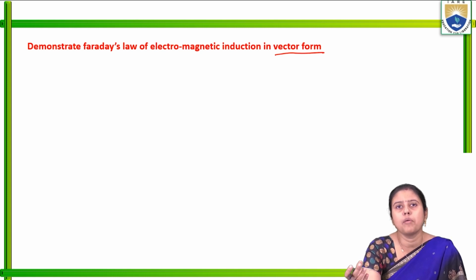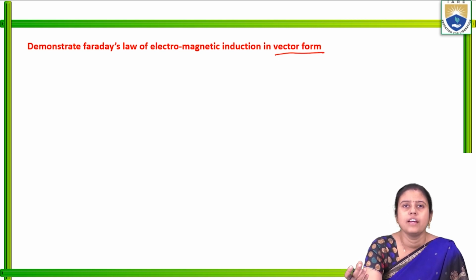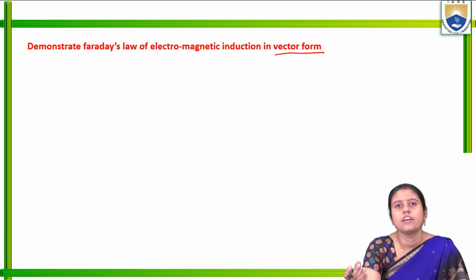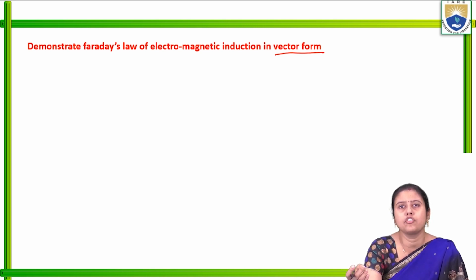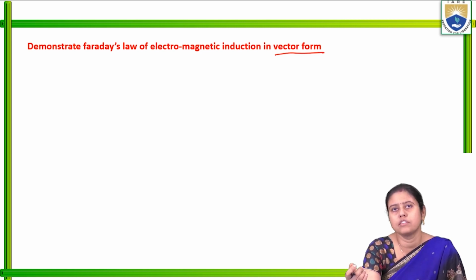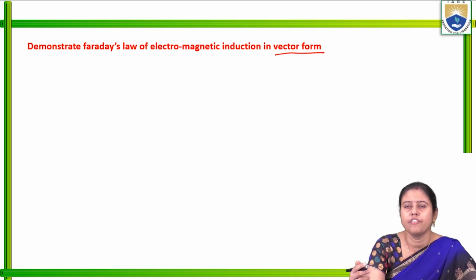The magnitude of the induced EMF is directly proportional to the rate of change of flux. Number 3, which is known as Lenz's law, that the direction of the electromotive force or EMF will be such that it will always oppose its cause.